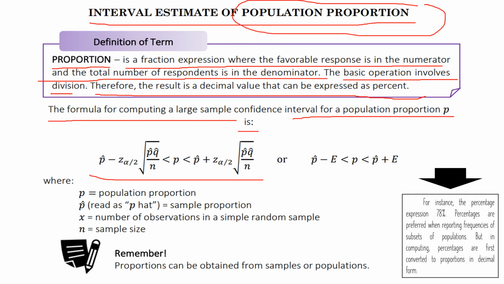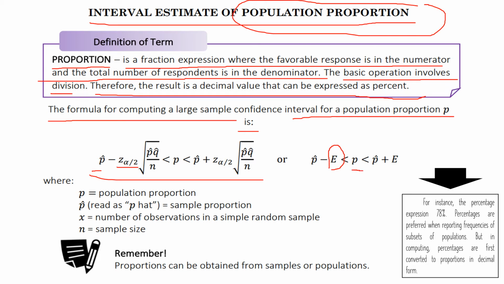Your P hat will be your sample proportion, minus your C sub alpha over 2 times the square root of P hat Q hat over your sample size N, less than your P, which is your population proportion, and less than P hat plus your C sub alpha over 2 multiplied by the square root of P hat Q hat over N. Or it should be P hat minus E, where E is your maximum error, less than your P.